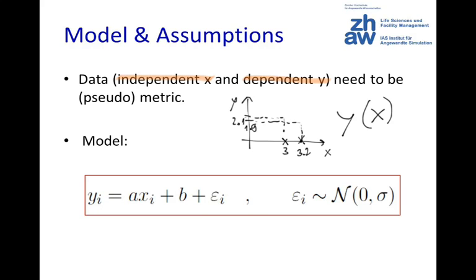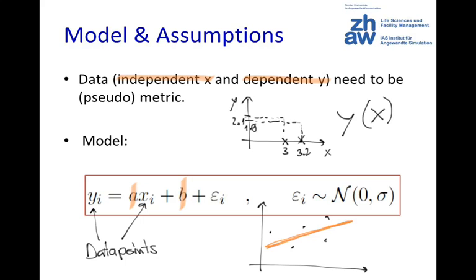In terms of a mathematical model, we write our data points yi and xi in a so-called linear relation. That means we have yi equal to a times xi plus b, and now we have seen that a line will not perfectly connect all the points, meaning that we will have some errors, and this is the epsilon i.